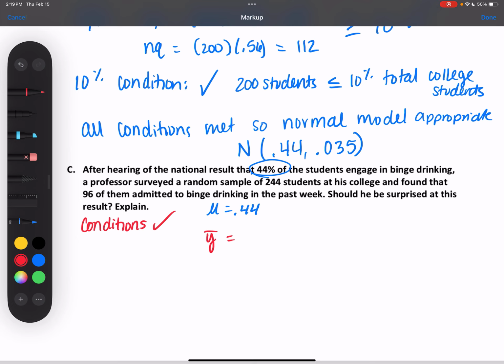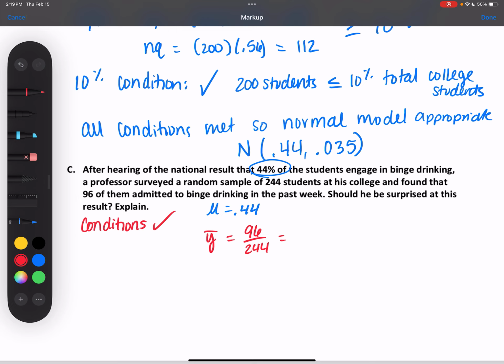All right, y bar is going to be the mean for this particular situation. So how would I find that? How many students admitted to it out of the number surveyed? 96 divided by 244.